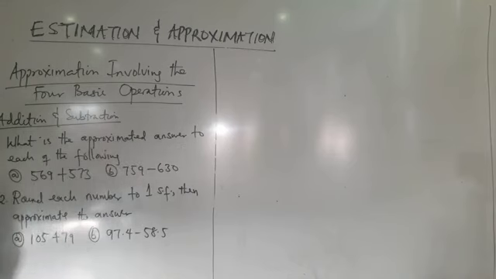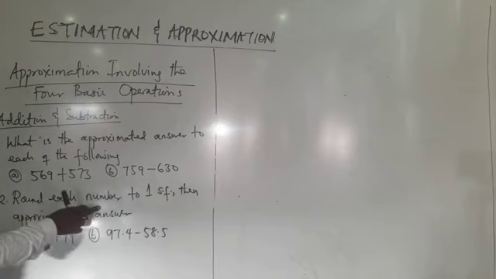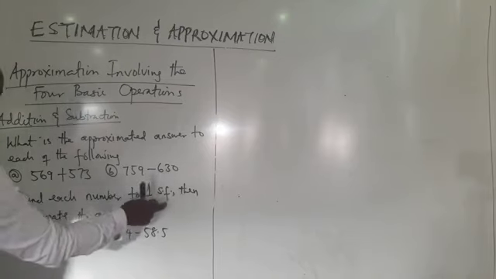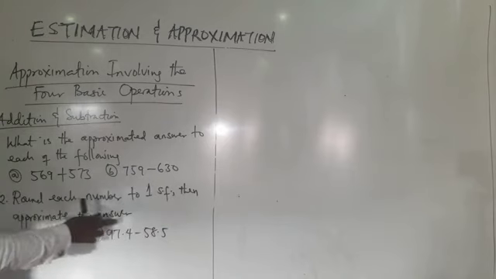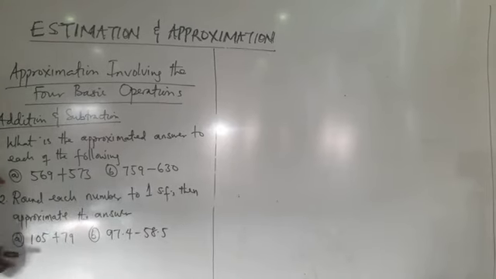Then question number 2 says round each number to one significant figure, then approximate the answer. So this one is being specific, while this one is not specific, in the sense that we are not given direction whether we should round to the nearest whole number or to one significant figure before we estimate or approximate the answer.